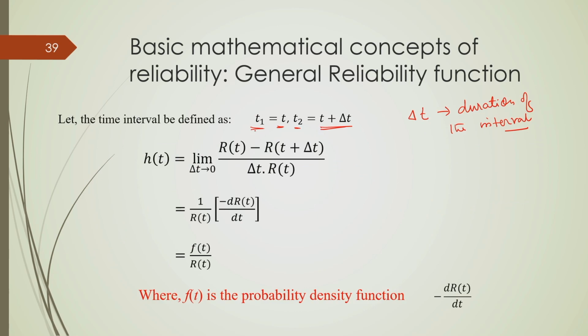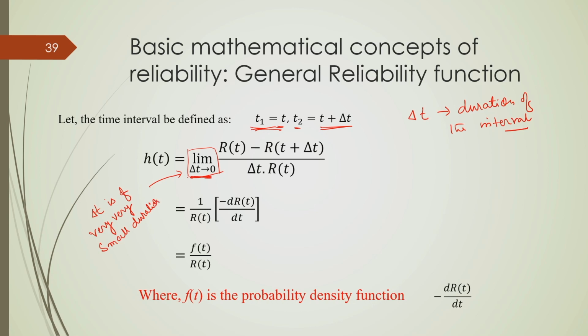Now, since we reorient t1 and t2, we replace t1 by small t and t2 by small t plus del t, where del t is very small, infinitely small, and that is why this limit exists, limit del t tends to 0.